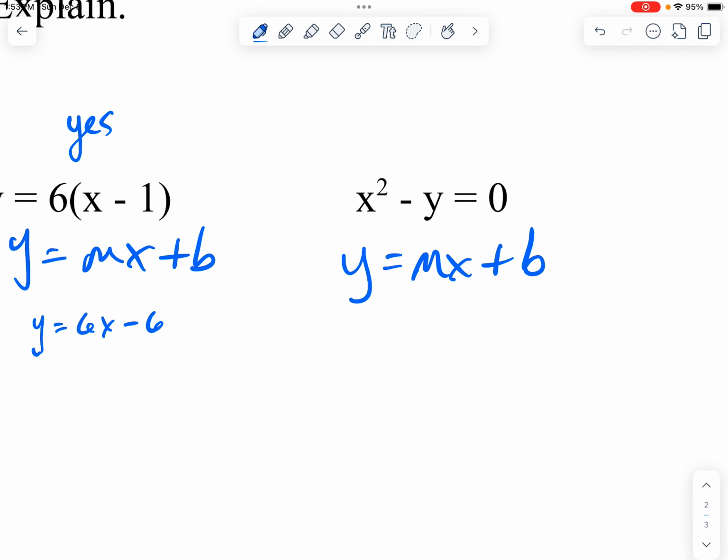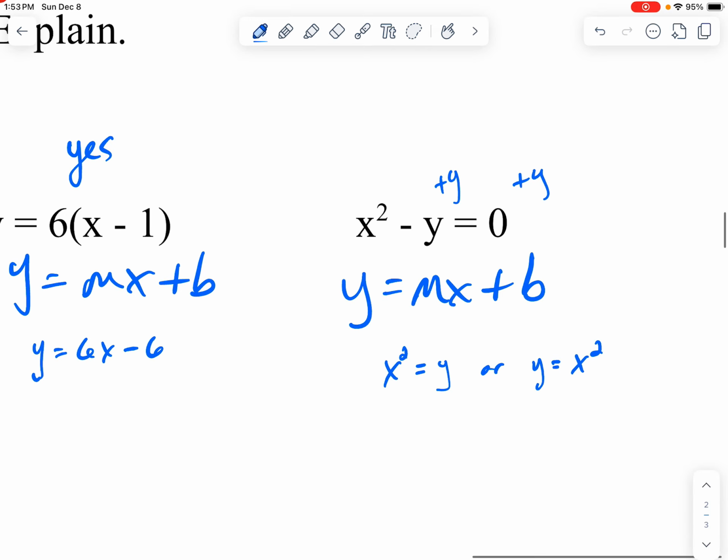And finally, we could rearrange this a little bit. We always want to get it in that y equals. Okay, that's our first thing we'd want to do here. So if we take that and we add y to both sides, we would have x squared equals y, or y equals x squared, same thing.